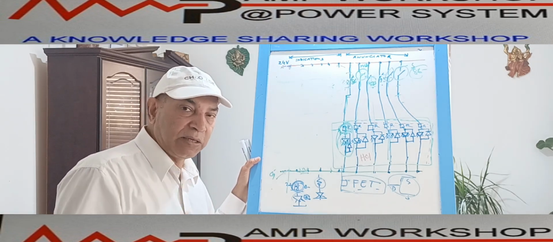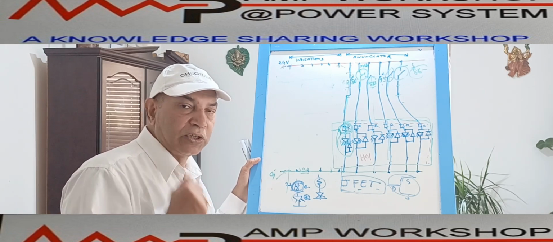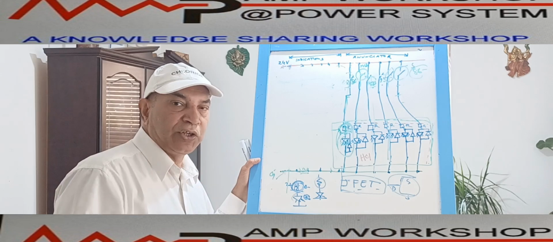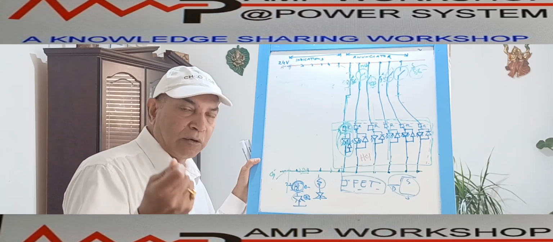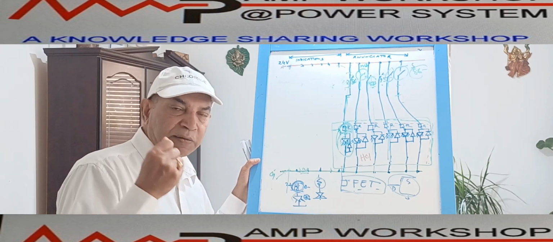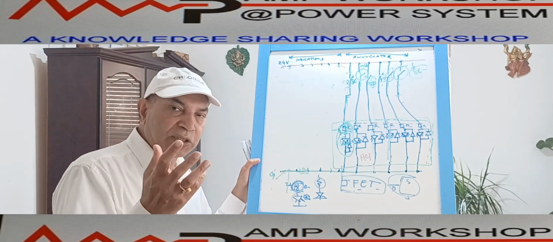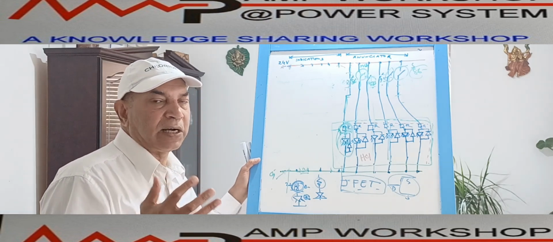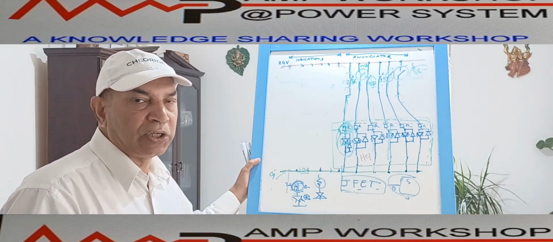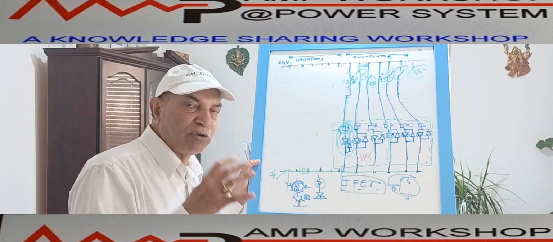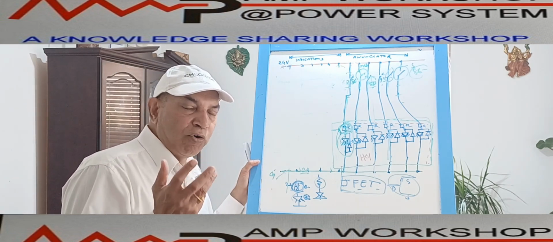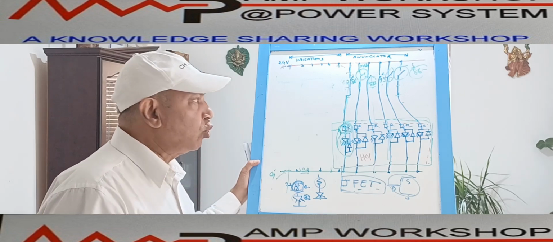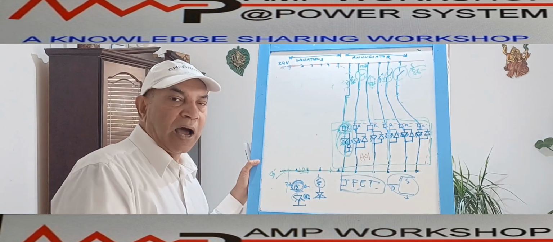There is a Buchholz relay, an oil temperature indicator, an oil level indicator, a pressure relief device. All these things are there. If any parameter does not maintain the normal condition, then the corresponding device will give an auxiliary contact. If we want to monitor that, we can bring those contacts over here and monitor them.